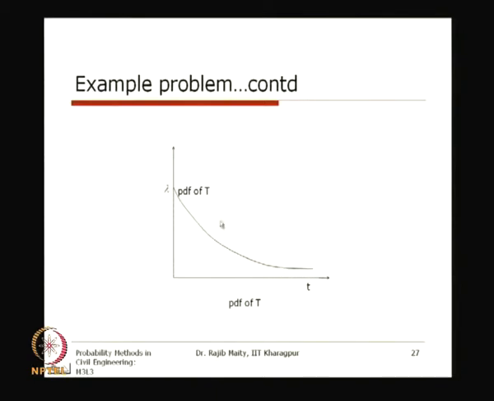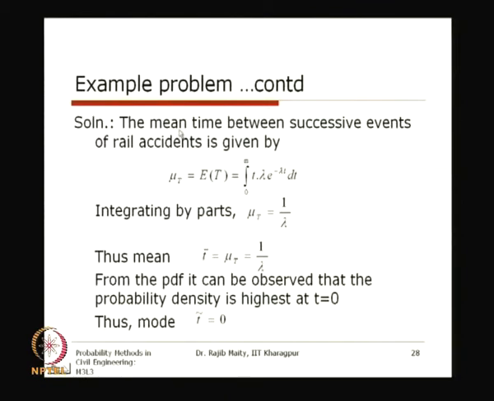This is the PDF for the random variable T. Now, the mean of the time between successive rail accidents: mu_T, the expected value of T, is the integral over the entire range of the PDF of t multiplied by lambda e to the power minus lambda t dt. If we do this integration by parts, we will see that mu_T equals 1 by lambda.